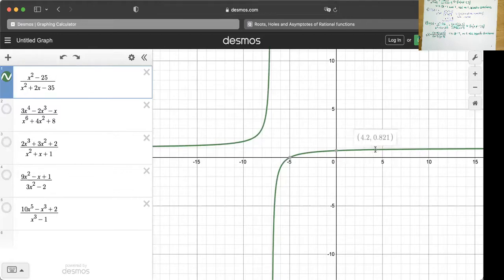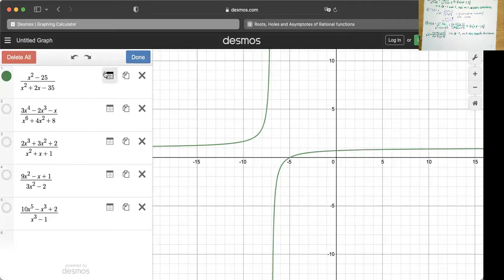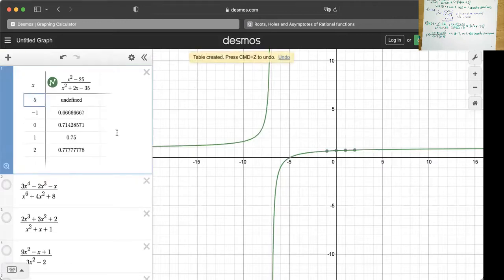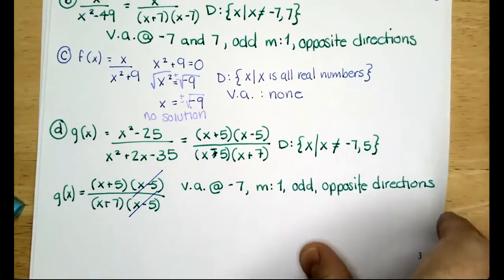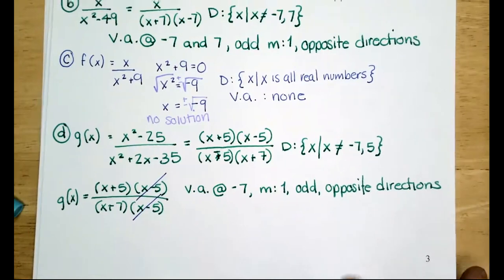Okay, so as you approach 5 with my mouse, 4.8, 4.9, 5 is undefined, and you can't really tell because of my cursor here, but it's an empty circle. So there is no point there. And on here, 5 is undefined. So it's not a vertical asymptote, but it is a hole in the graph. So just so that is clear. So we found all vertical asymptotes and we proved it using our tracking utility.